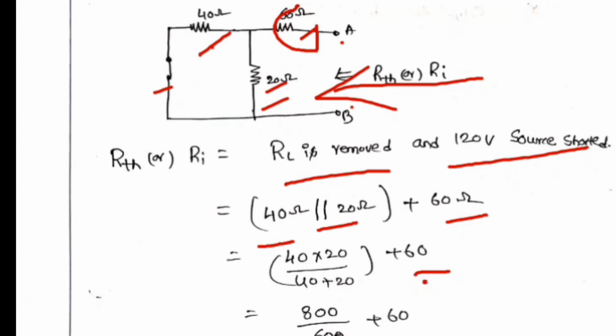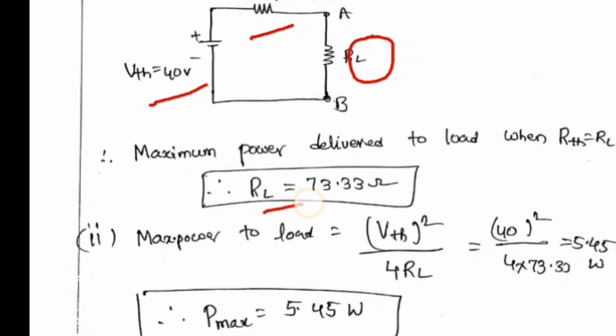What is the maximum power transfer theorem? Maximum power will be transferred when RL equals R Thevenin, also known as Ri, that is 73.3 ohm. In place of RL we can substitute R Thevenin or Ri, the internal resistance.